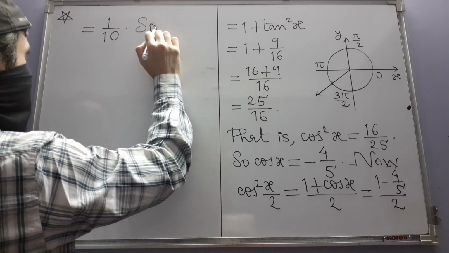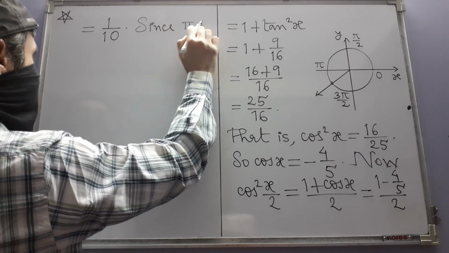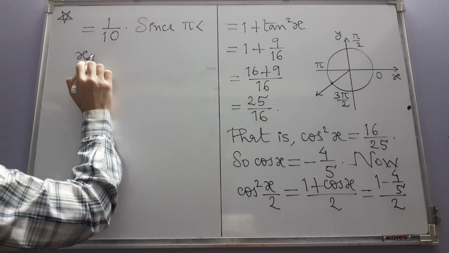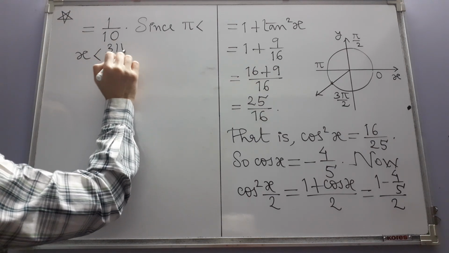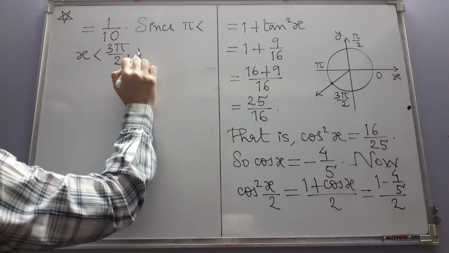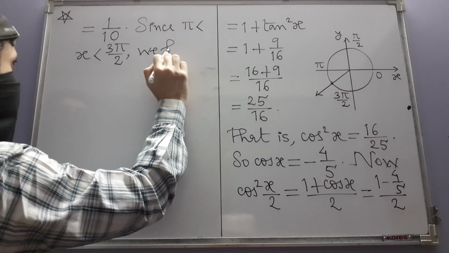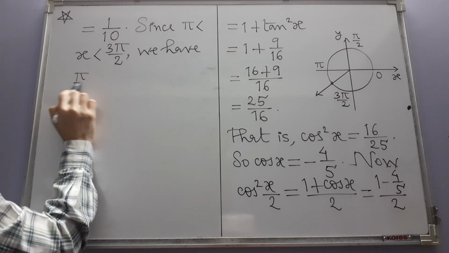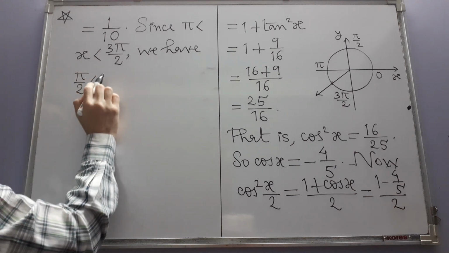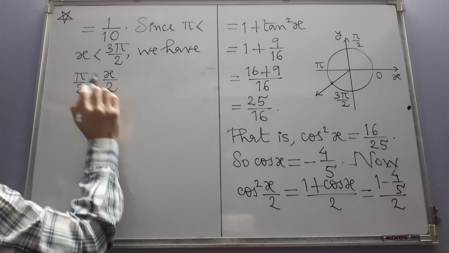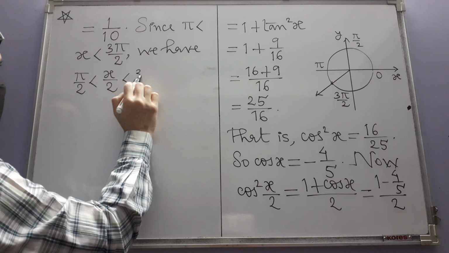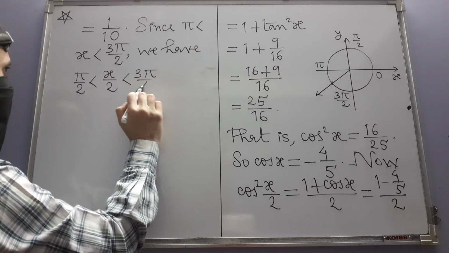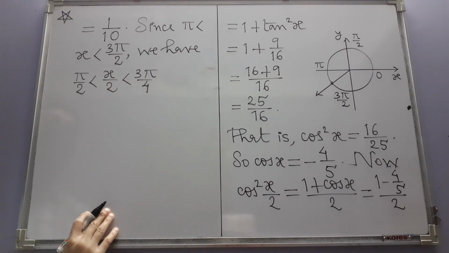Since pi is less than x and x is less than 3 pi over 2, if you divide throughout by 2, what do you get? Pi divided by 2 less than x divided by 2 less than 3 pi divided by 4.